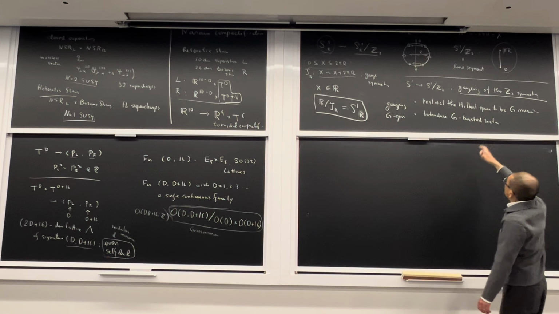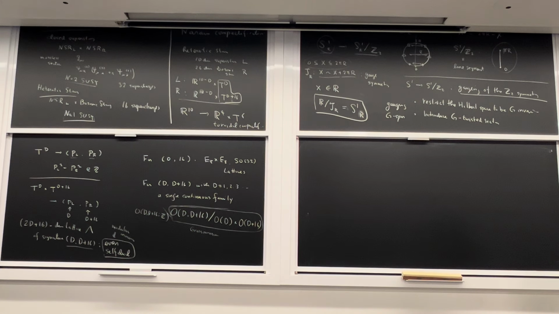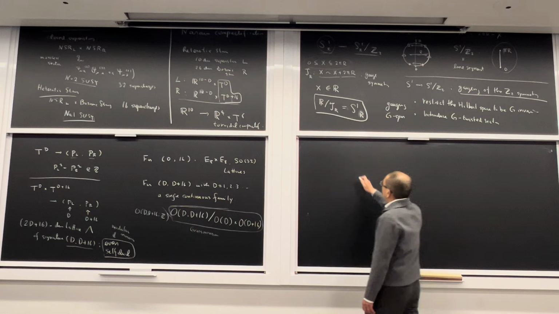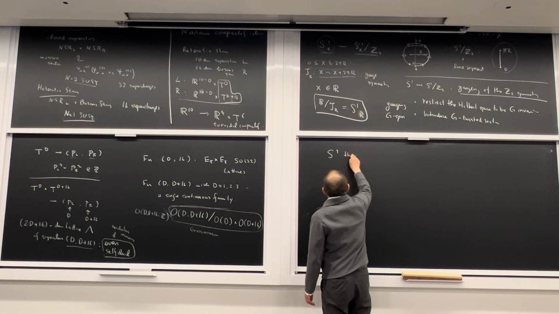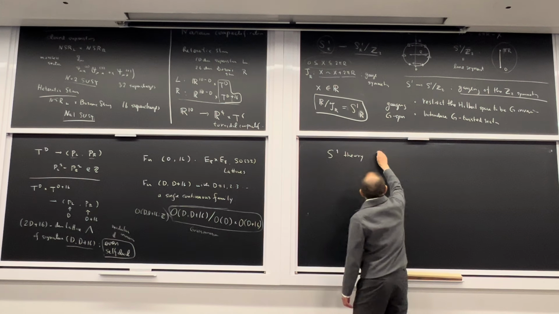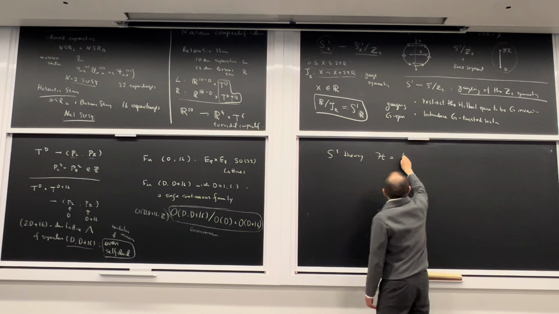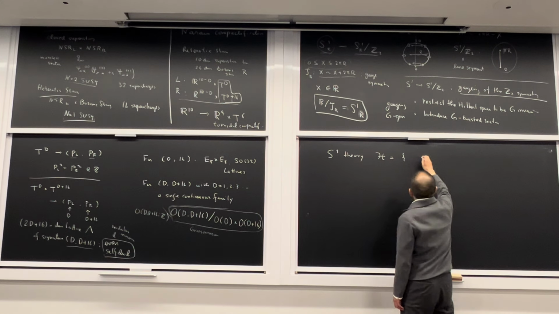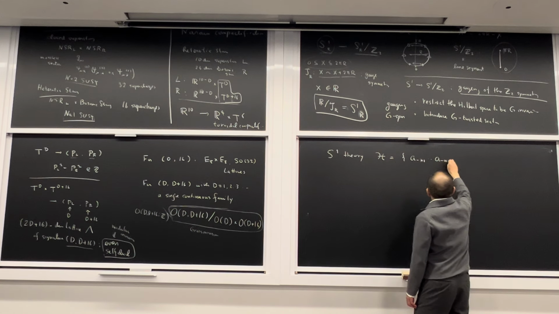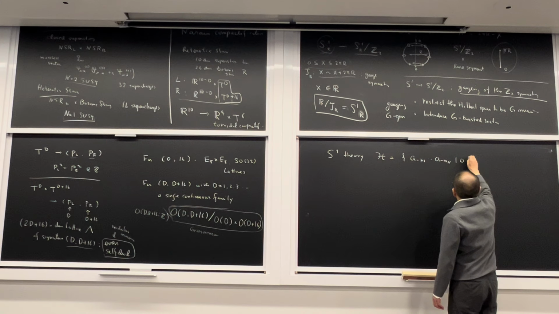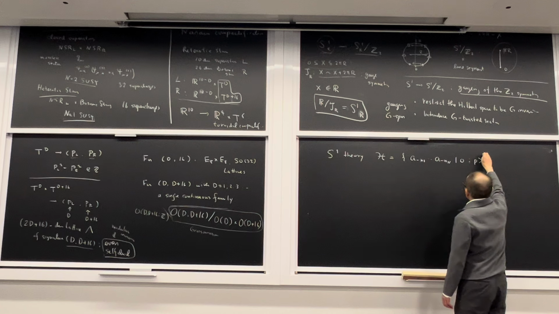Let's start from restricting the Hilbert space to be G invariant. In the original theory, the Hilbert space carries momentum, and then you have harmonic oscillators acting on the state with some momentum p.